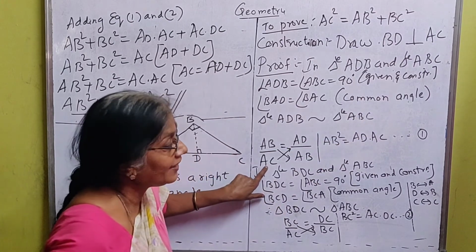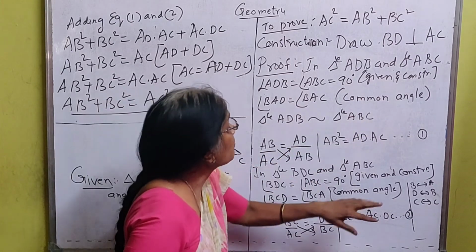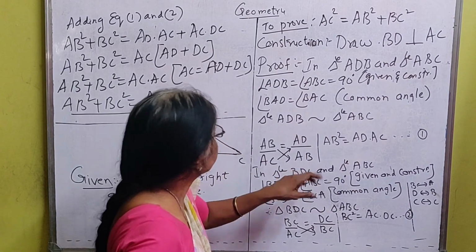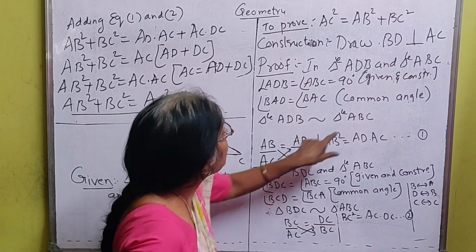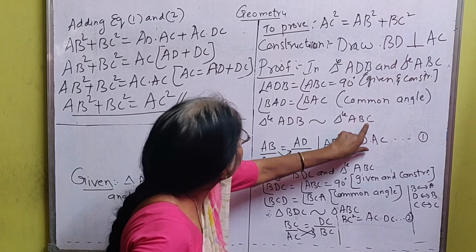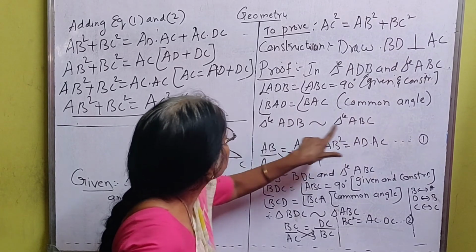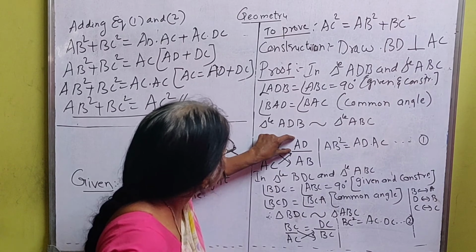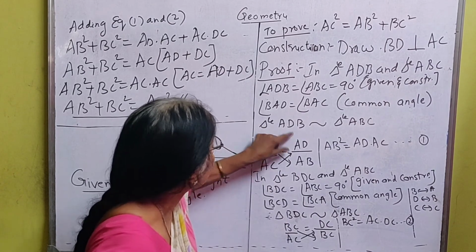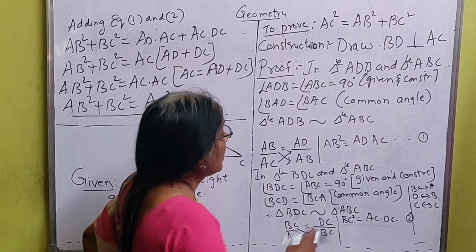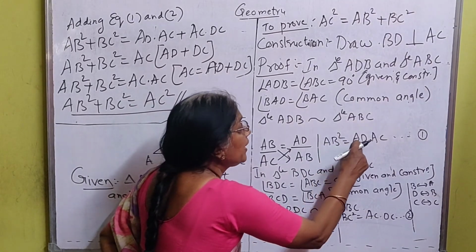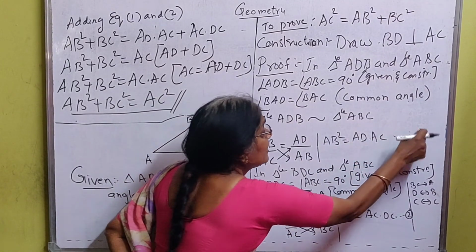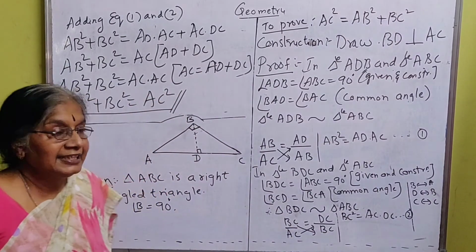So I wrote AC at the bottom. Here in the bigger triangle I took AB, so A corresponds to A, B corresponds to D. So in the smaller triangle in the numerator I wrote AD. If I cross multiply, I got AB square is equal to AD into AC. Let this be equation number 1.